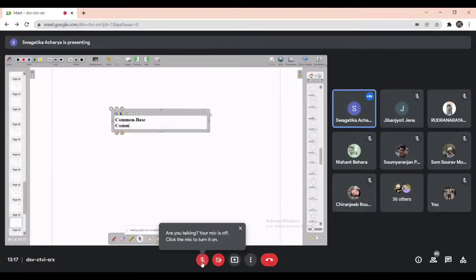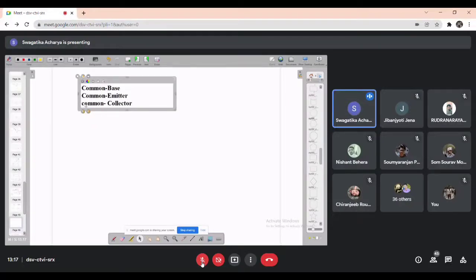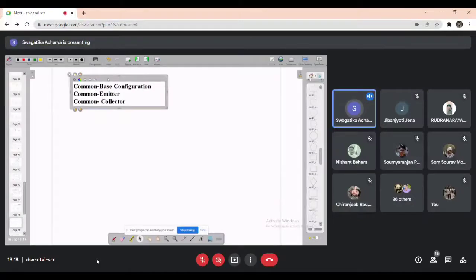Next one is common emitter, and next one is common collector. According to your terminals, three types of configurations are there for your BJT: common base configuration, common emitter configuration, and common collector configuration. What do you mean by these three configurations?